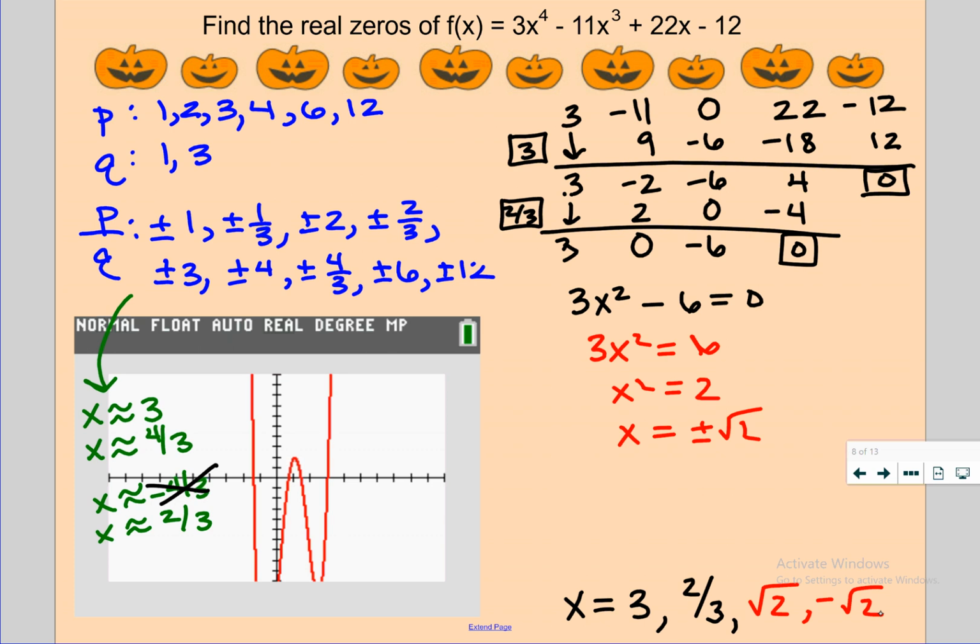Questions? Yes. Like when you write it out like square root 2, negative square root 2, can I just keep it plus or minus? I don't care about that. Like test or quiz, Math Excel might want you to do this, so let's write it like that. Can I use synthetic division to find every single x? No, because you won't know that square root 2 is a 0. You only from this P and Q list are going to get rational answers.